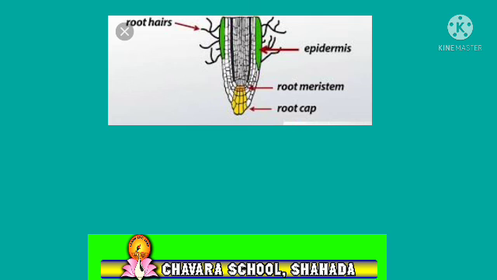Due to that, the cell wall permits movement of all types of substances, but the cell membrane is semi-permeable. It allows only some substances to pass through it. So dear students, here we completed the speciality of the root hairs.